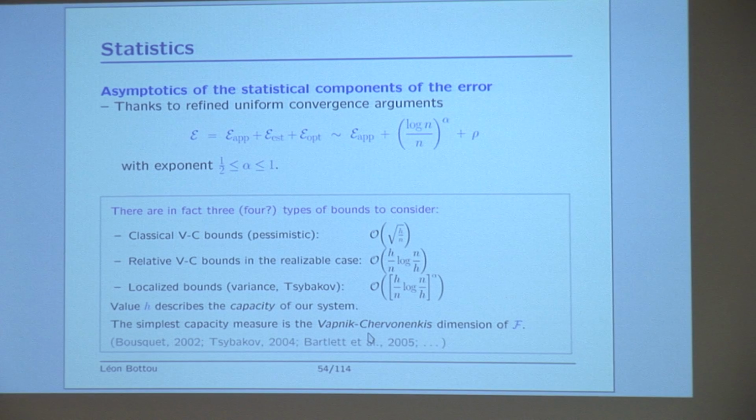Now, it turns out that in statistics, if you do things right, and a bit more subtly, you can sometimes go in 1 over n. There are some examples, like for instance, if you compute paired confidence intervals, you get 1 over n instead of 1 over square root of n.